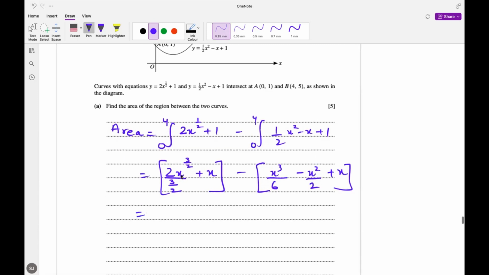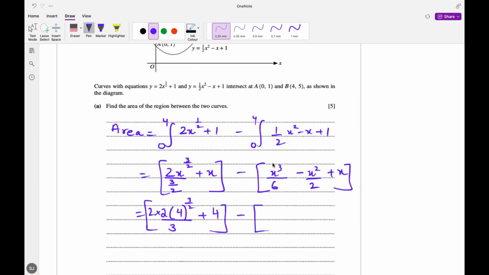So substituting 4 up here, this will become 2 into 4 to the power 3 upon 2 divided by 3 upon 2, so this 3 will remain the denominator and this 2 will multiply, so this will be 2 times 2 plus x, where x is 4. If we substitute x equals 0 in both of the terms, they will become 0, so we leave it as it is.